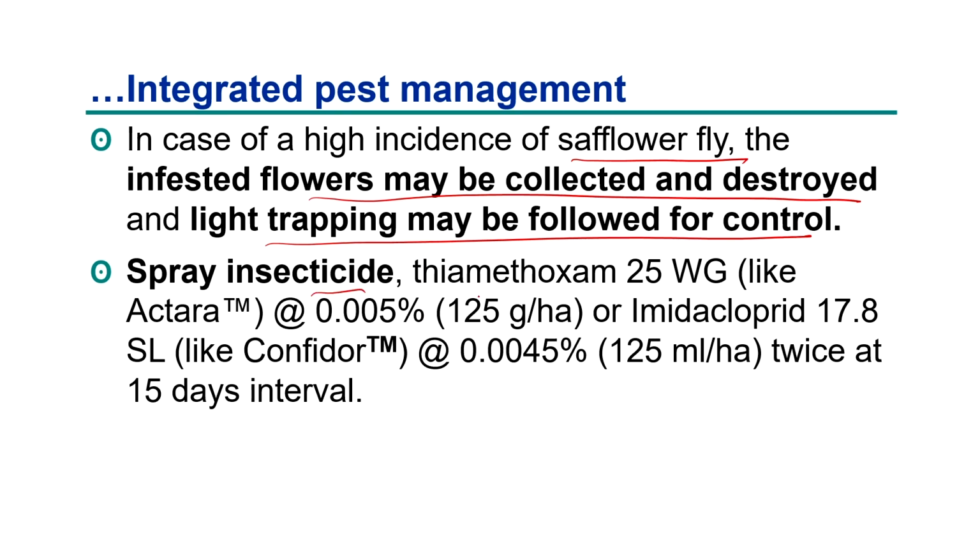Spray an insecticide like thiamethoxam 25 WG at a concentration of 0.005%, or a rate of 125 gram per hectare, or imidacloprid 17.8% at 0.0045%, or 125 ml imidacloprid per hectare, twice at 15 days interval. So a number of insecticides are available. You can choose any one of these and use.